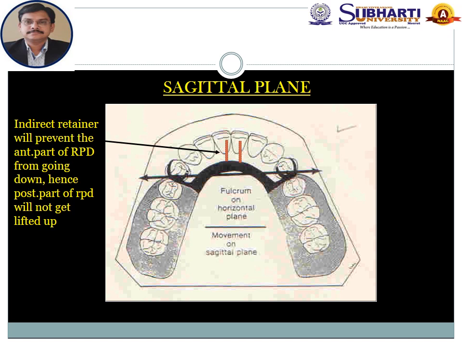So now, if the patient chews some sticky food or chewing gum, what will happen? The posterior artificial teeth will try to get lifted.